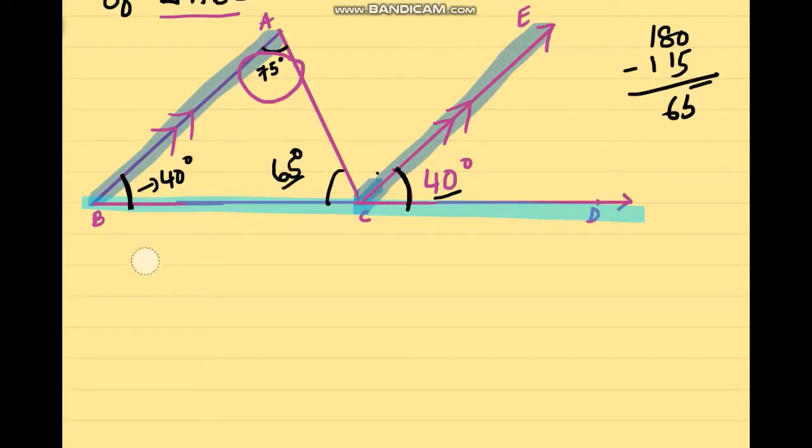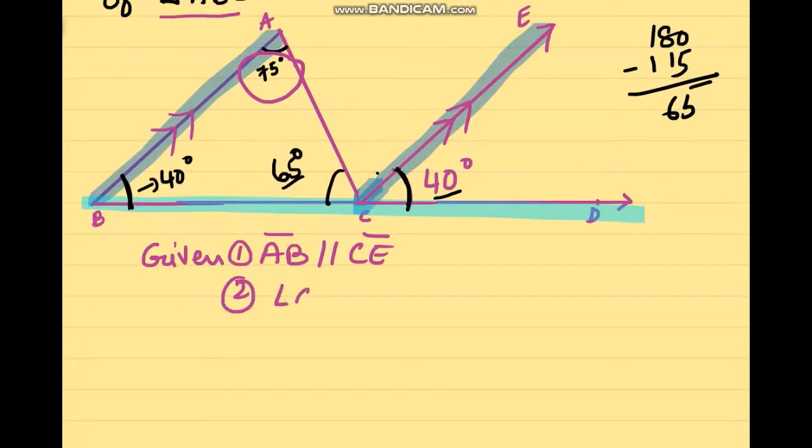Okay, what is given? Given is line segment AB parallel line segment CE. And also it is given, number 1 is this one, and number 2 is angle C, let us write it as angle ECD. Angle ECD is equal to 40 degree, and angle A is also equal to 75 degree.